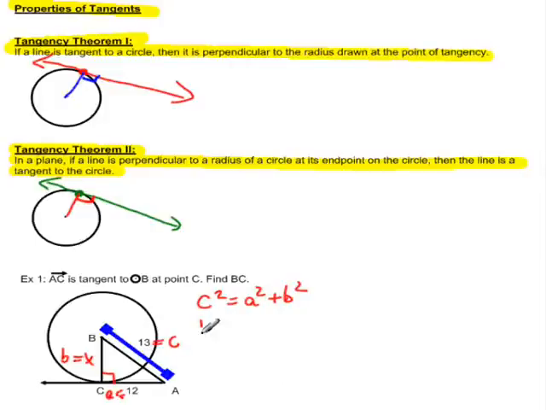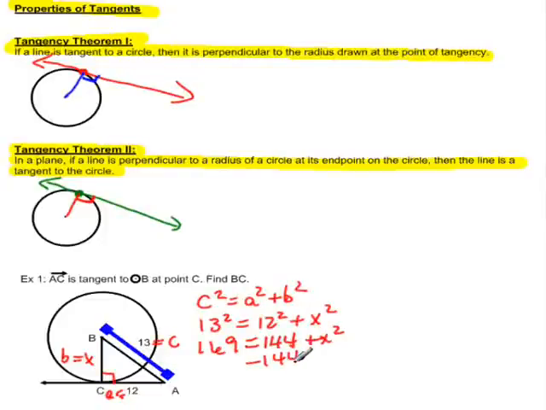Okay, so let's fill this in. 13 squared is equal to 12 squared plus x squared. So 169 equals 144 plus x squared. You subtract 144 from both sides, and you end up with 25 equals x squared.